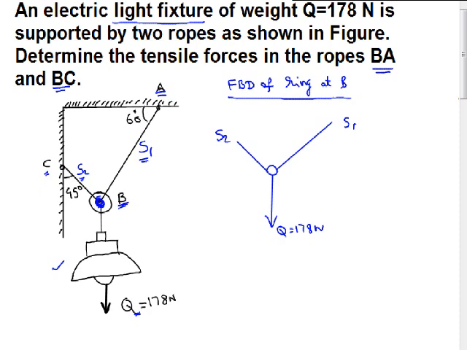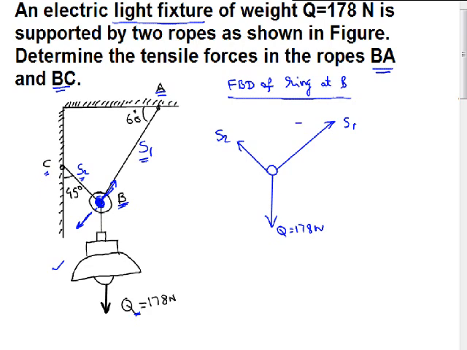If we see that one component of this force Q is pulling the rope BA down as shown by this arrow, what will the rope in turn do? It will exert a force opposite to it, along the rope. So the direction of S1 is indicated here. Similarly, you can say that the direction of force of rope BC onto the ring is indicated here.